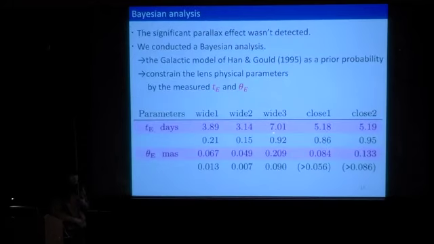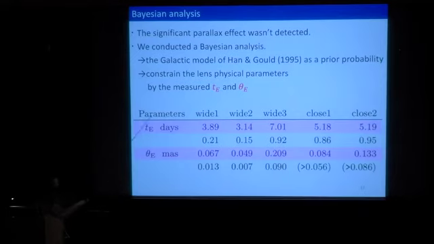Next, I'd like to talk about the Bayesian analysis. Since the significant parallax effect was not detected, we can't derive the lens property directly. So by conducting the Bayesian analysis, we get the probability distribution of lens physical parameters. To constrain the lens physical parameters, we use the measured t_E and theta_E values.